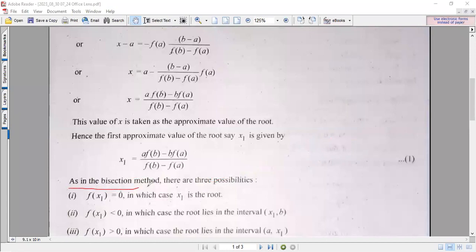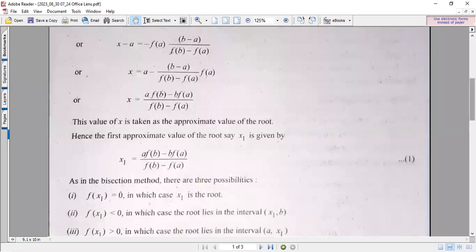As in the bisection method, there are three possibilities: if f of x1 equals 0, in which case x1 is the root; if f of x1 is less than 0, in which case the root lies in the interval (x1, b); if f of x1 is greater than 0, in which case the root lies in the interval (a, x1).